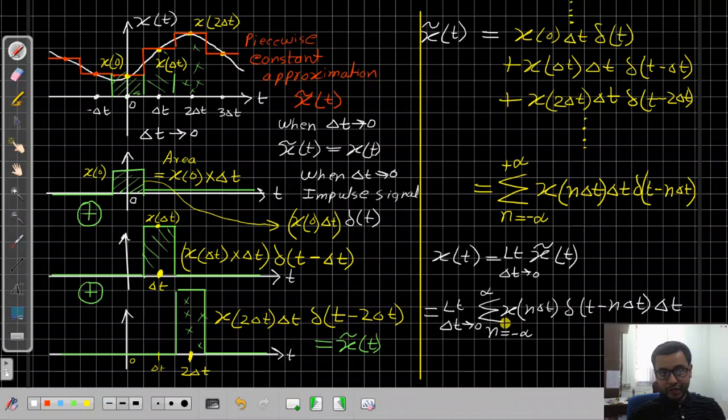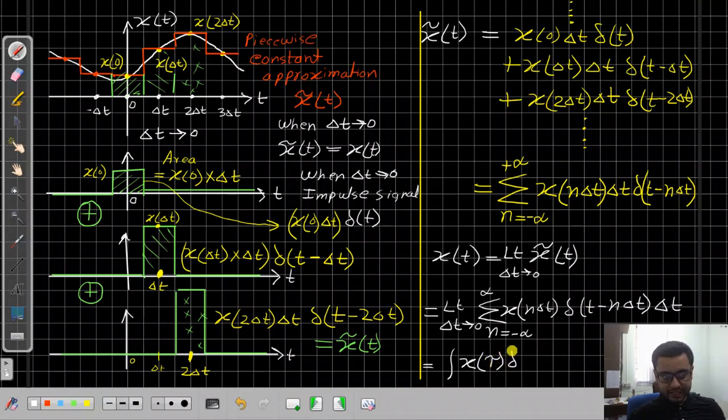Can you recognize what this sum actually means when this interval is very, very small? According to Riemann, this sum will become integration. So we can write that this is the integration of x of, in place of this n delta t, let me write some variable, call it tau.